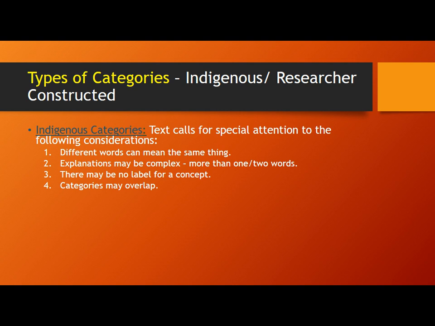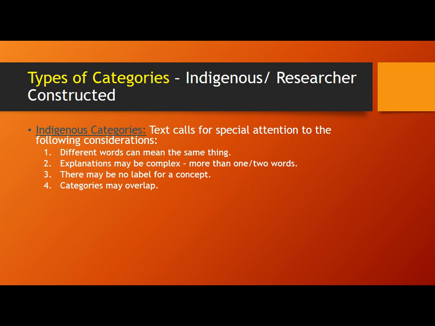Well, I got a little bit more to say on the indigenous categories. I'm sorry, they did say in the book that the text calls for special attention to follow from the fact that different words can mean the same thing. So it's not always clear what one person says in an interview in terms of a concept that may be very similar to another person, but is worded differently.